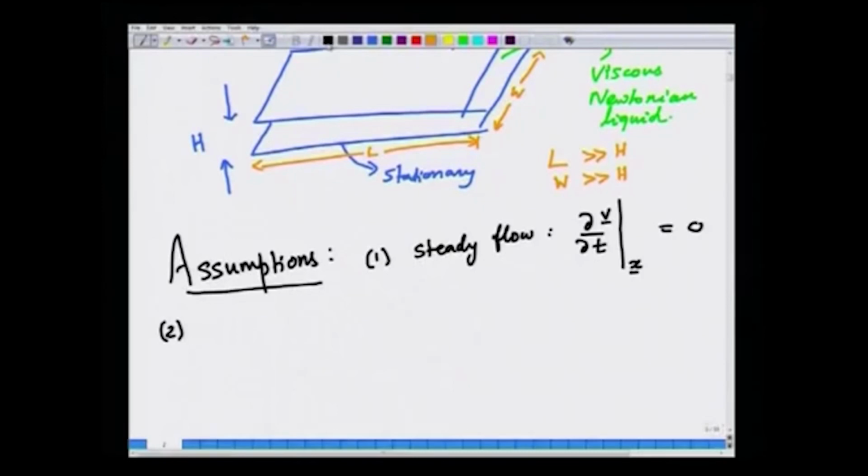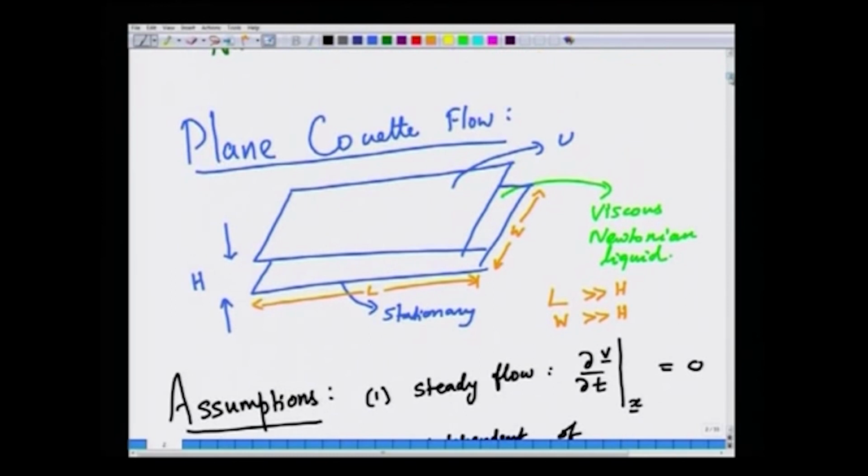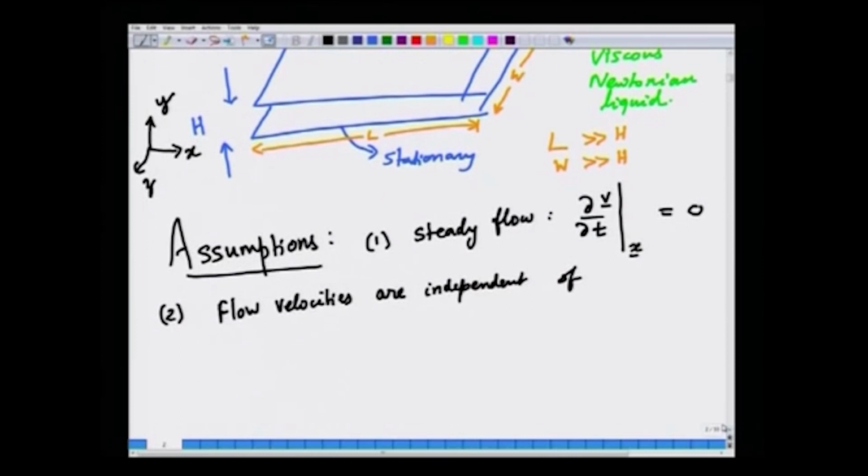Now, that will give us the motivation to assume that flow quantities like the velocity are independent of... and before I do that, let us put a coordinate system. So, I am going to assume a coordinate system where the flow direction is x, the gap normal direction is y, and the direction along into the plane of the board is z, okay.